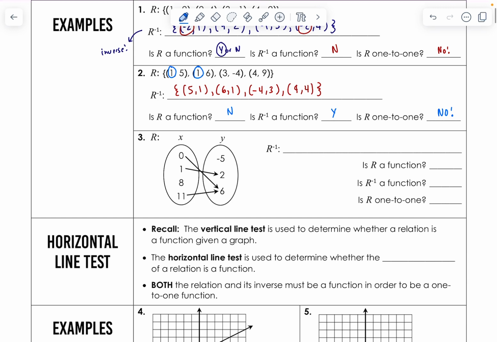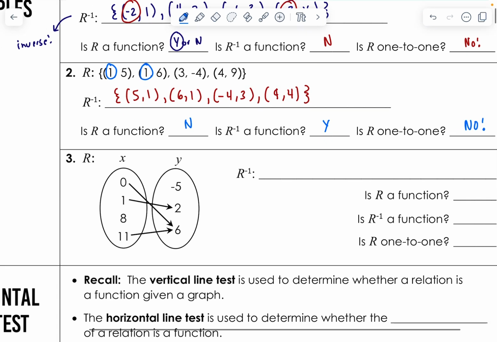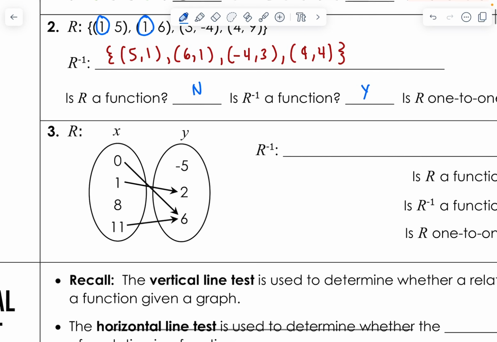All right, and the same can be said for a mapping diagram as well. Here we can also map out R based on this diagram. So for our first point, 0 will map to 6.